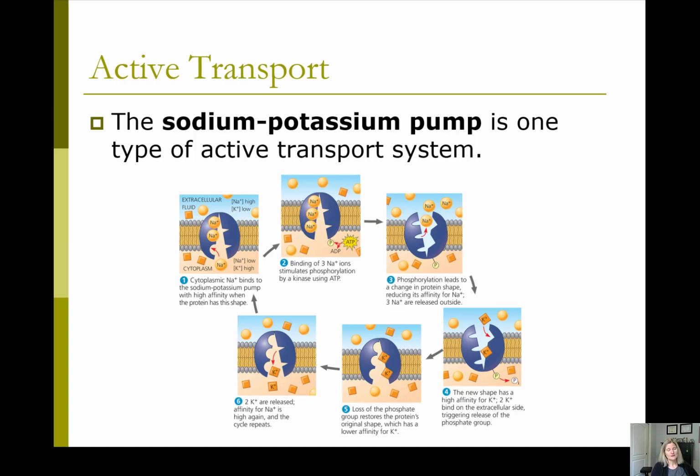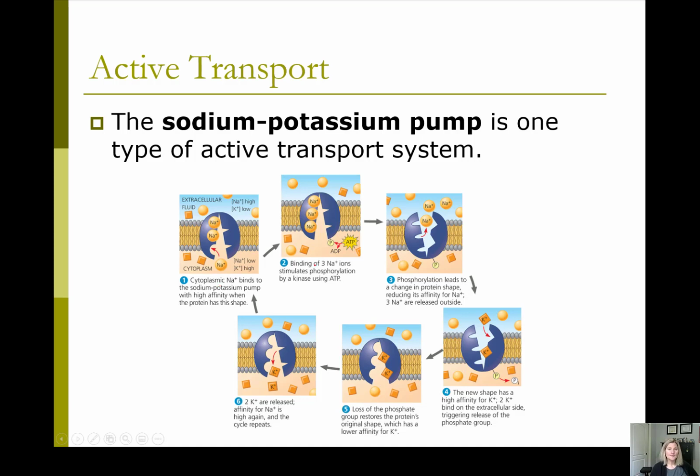This is something that is required for us to get information from our brain all the way down to our toes through our nervous system, through neurons. Basically, this is an example of active transport with sodium ions going against their concentration gradient, going from high concentration outside the cell to low concentration inside.